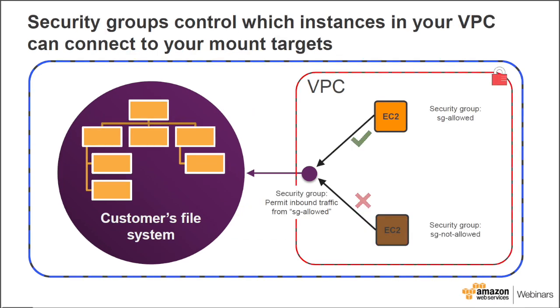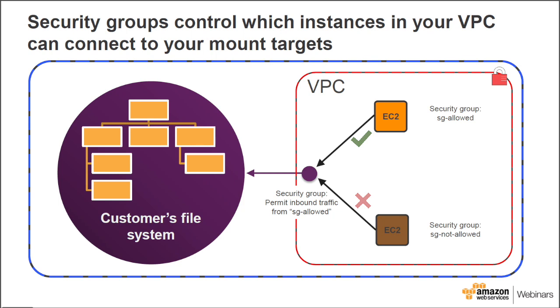And security groups, which are these firewall-like rules, are added to mount targets. And they specify what can send traffic to the mount targets, and therefore what can send traffic to your file systems. And security groups can have rules like only accept traffic from an individual IP address, only accept traffic from instances that are within a particular IP address range, only accept traffic from instances that are in the same security group.